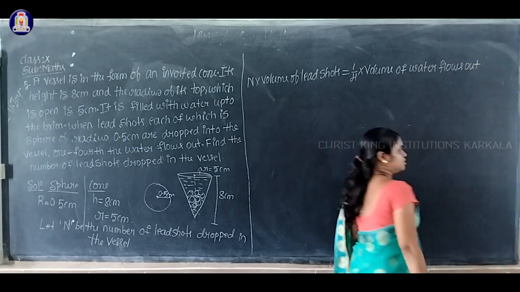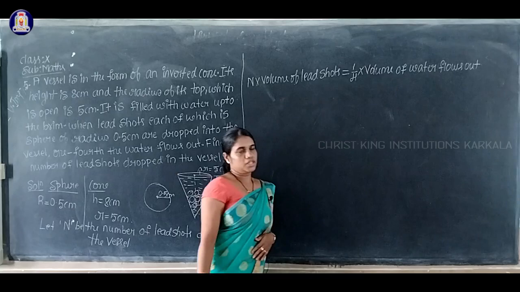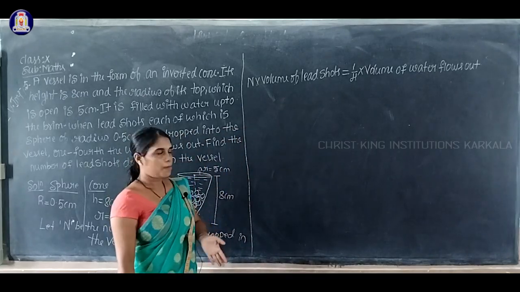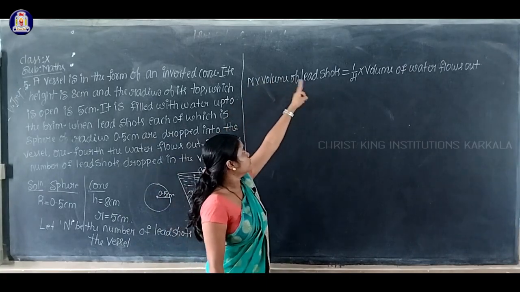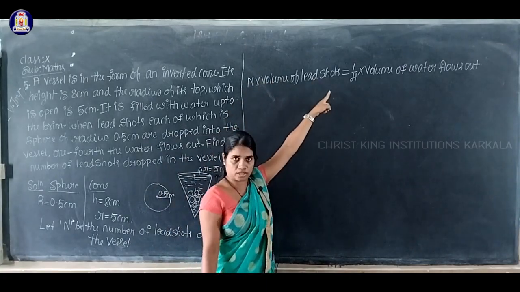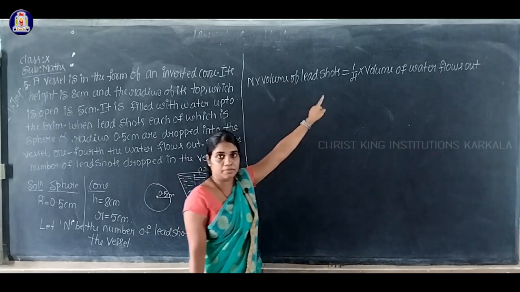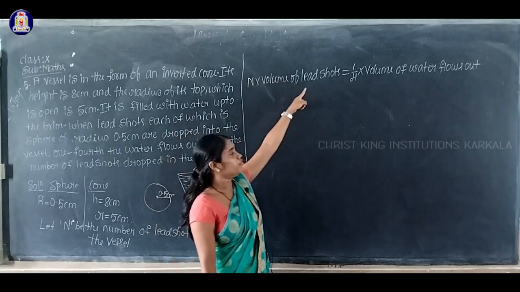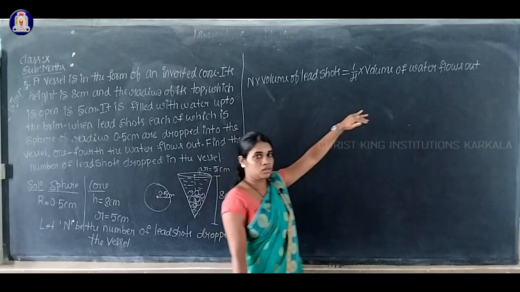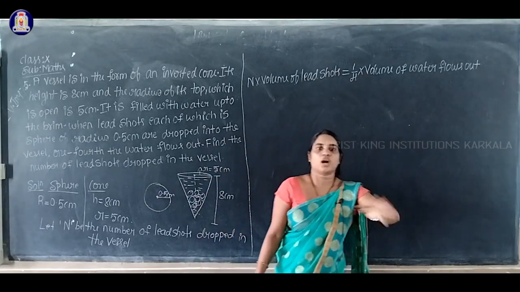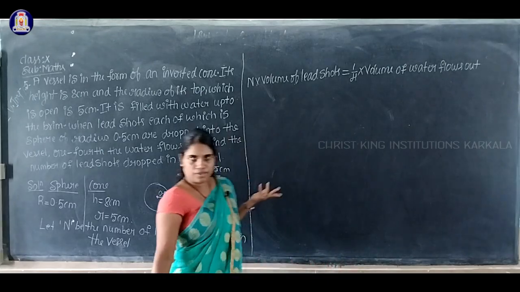So what is the meaning of this? According to the question, if I drop N number of lead shots, that means N into volume of lead shots, then 1/4 the volume of water will flow out, isn't it? This is what they have given in the question.